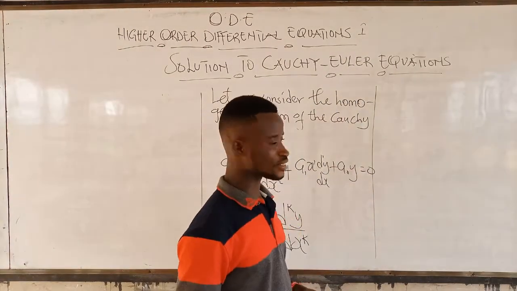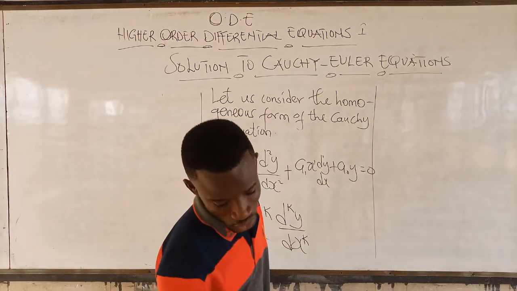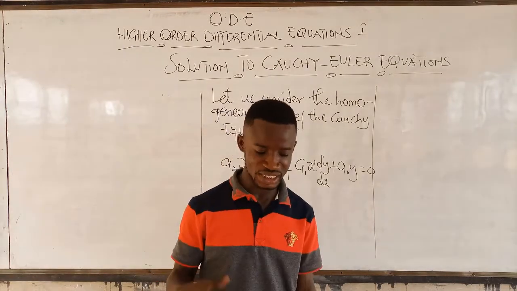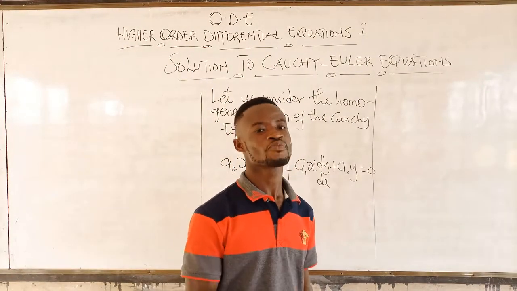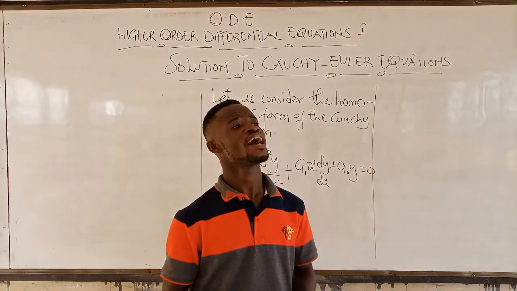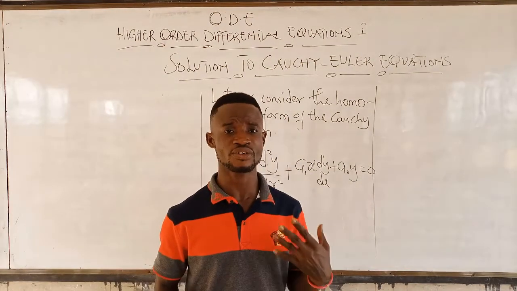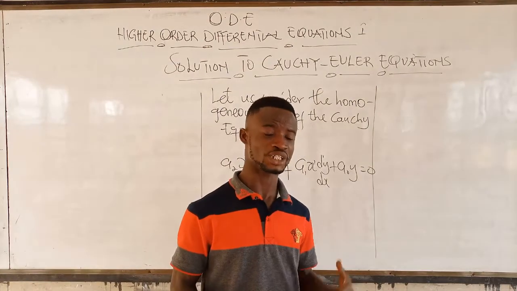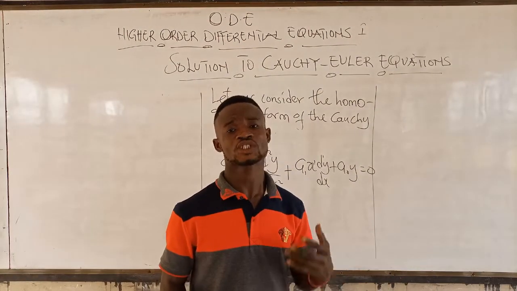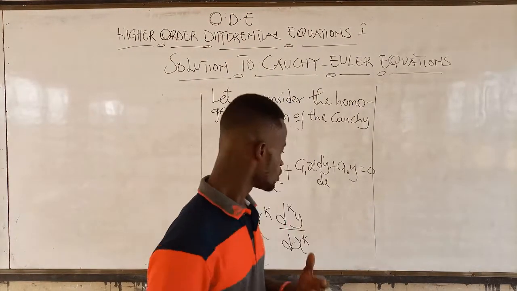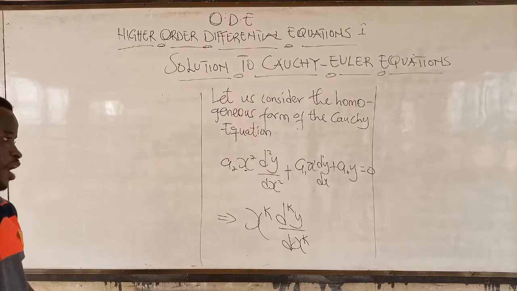Let's look at some examples. After that, we see how to write a characteristic equation, which is not the same way as for constant coefficients.